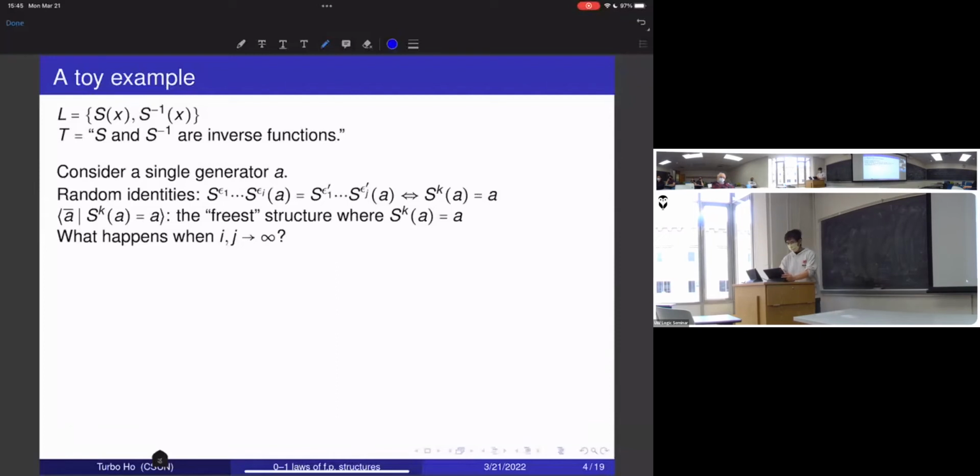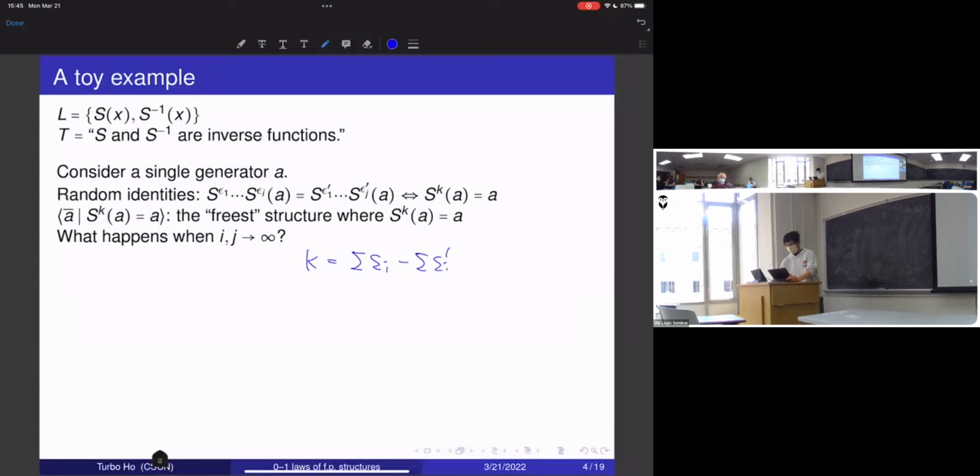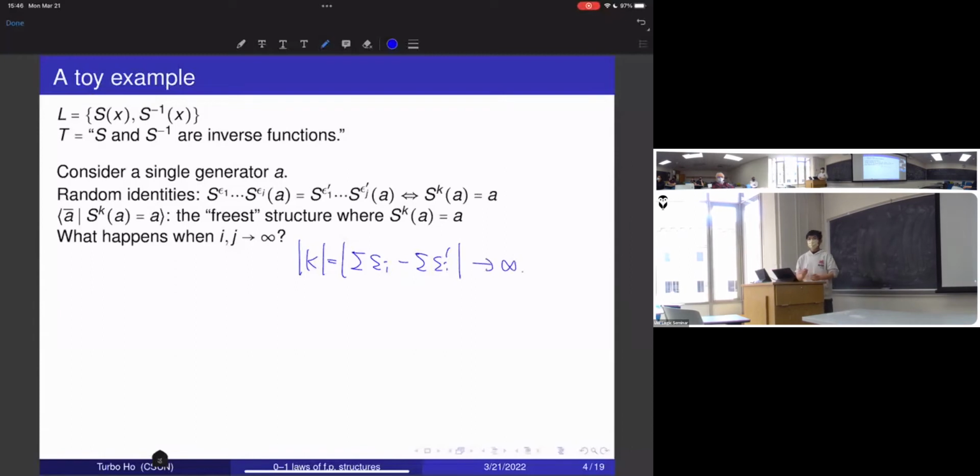So basically, when I and J go to infinity, K, which equals the sum of the epsilon_i minus the sum of the epsilon_i prime, the actual value of this also goes to infinity. Not exactly at the same rate, but it does go to infinity.